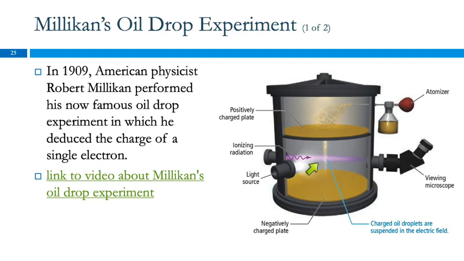And these are getting a negative charge through this ionizing radiation. So a negatively charged particle is going to be attracted to the positively charged plate. Of course, gravity is pulling it down, and your electrical field is pulling it up. And so if you balance those two perfectly, you can get that oil drop to just hang in midair.